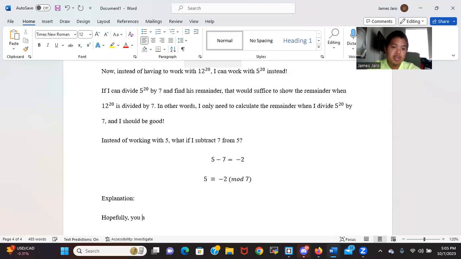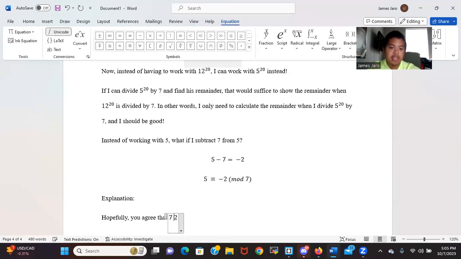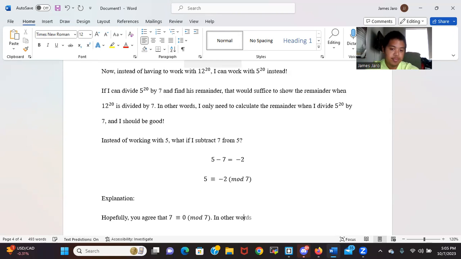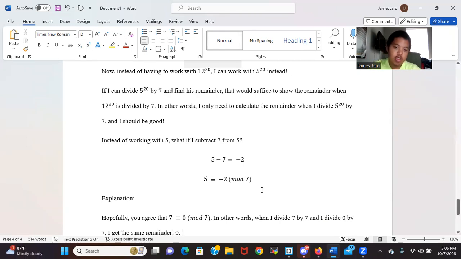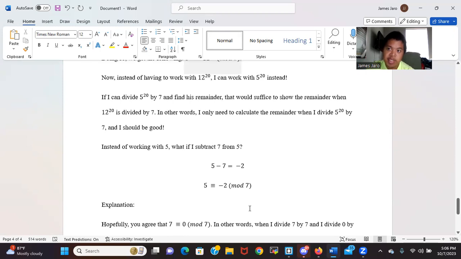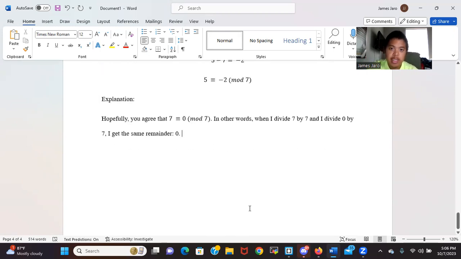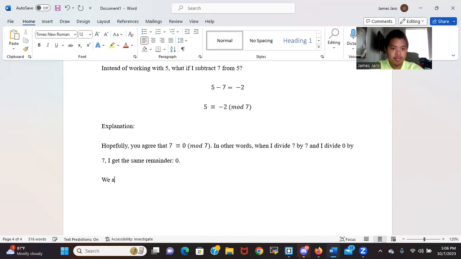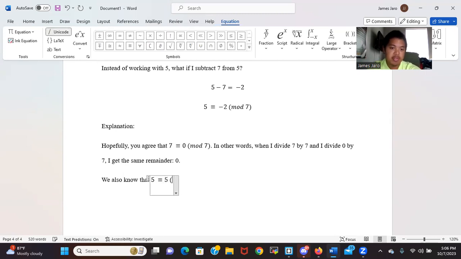Hopefully, you agree that 7 is congruent to 0 mod 7. In other words, when I divide 7 by 7 and I divide 0 by 7, I get the same remainder, which is 0. That's true because 7 divided by 7 is 1 with a remainder of 0, and 0 divided by 7 is 0 with a remainder of 0. We also know that 5 is congruent to 5 mod 7.